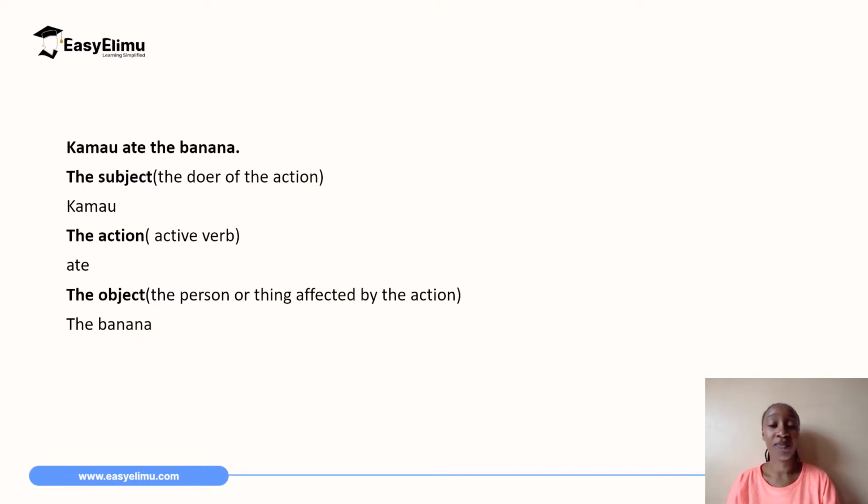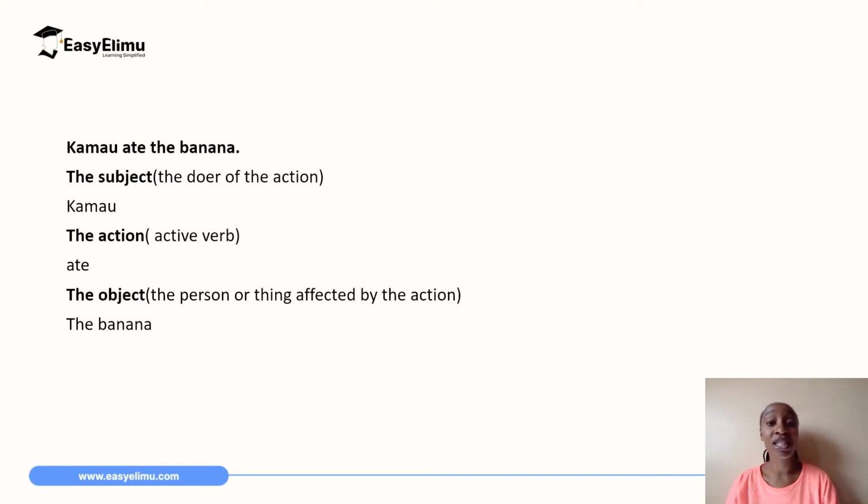Ate is the action, okay? It is the verb. So who performed this action? It is Kamau. Kamau is the one who did the eating. What was affected by the eating? It is the banana. So the banana is the object.